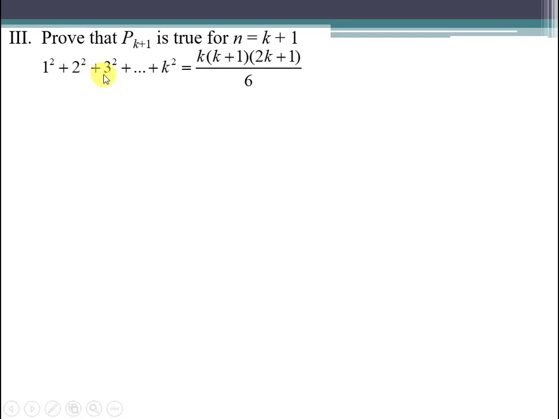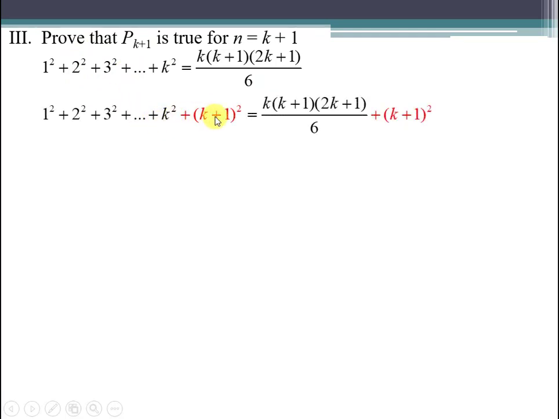So here we have this equality from the second step, and then again we should add the next term to both sides of our equality. So the next term will be (k+1) squared, because this is the sum of squares of numbers up to k.